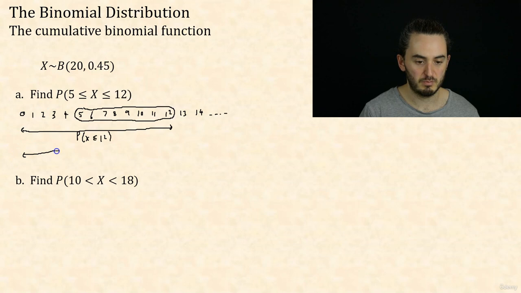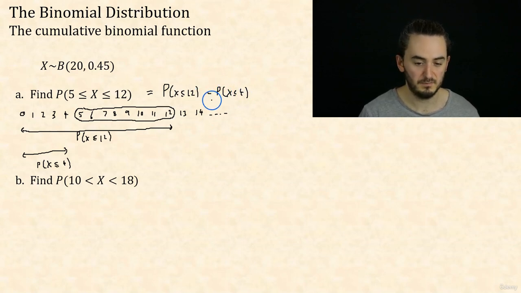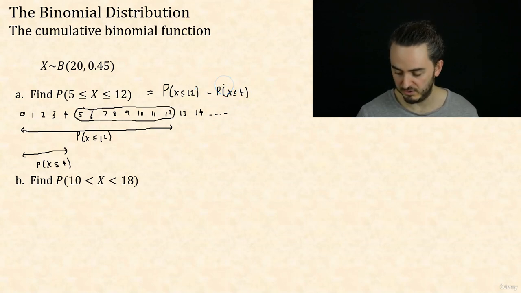So then I'm just going to remove this section here, which is the probability that x is less than or equal to 4. So all we need to do is say that that is equal to the probability that x is less than or equal to 12 minus the probability that x is less than or equal to 4. And by the way, you often get a method mark for that. So even if you mess up everything else in the question, put that down and there's your first mark.